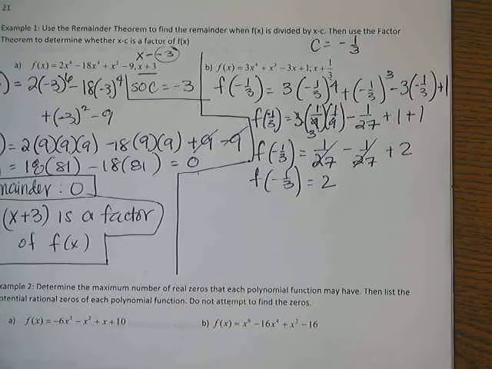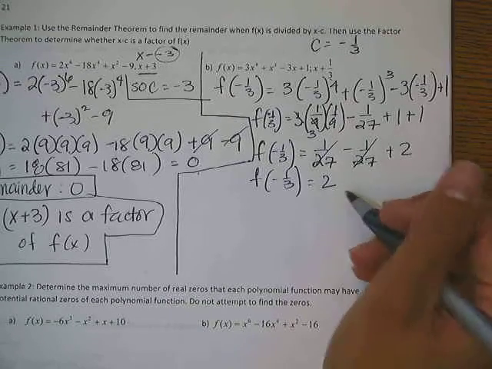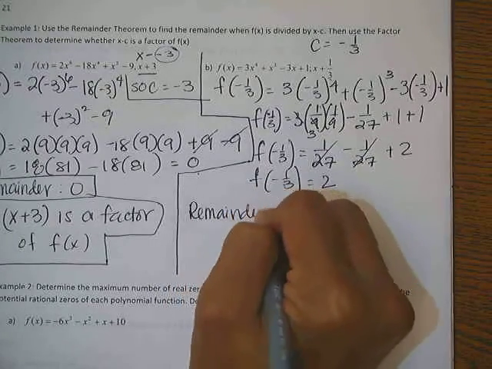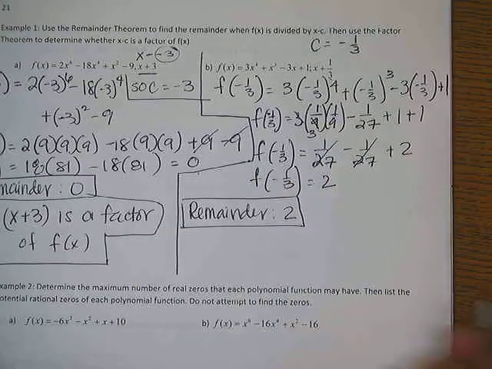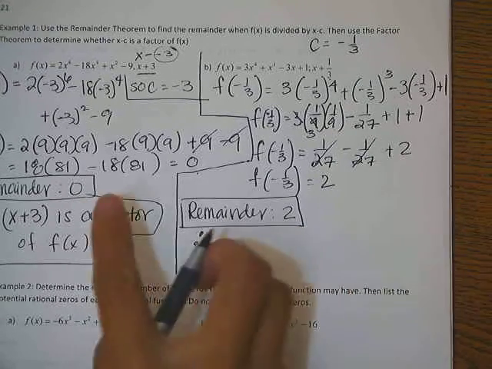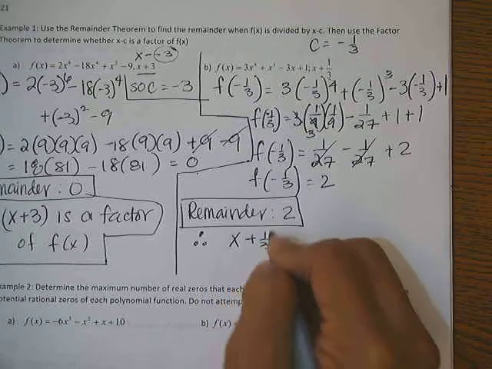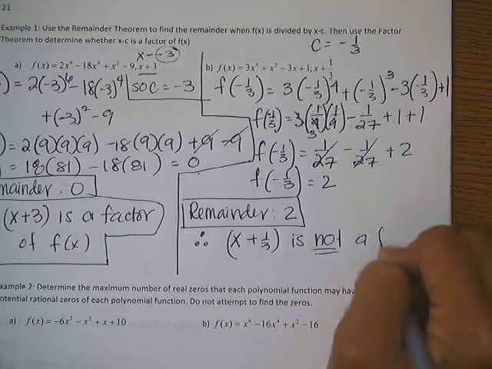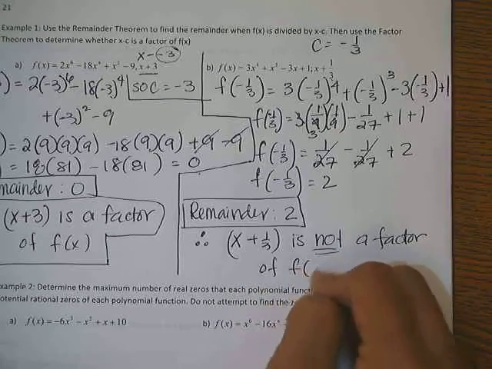Look at that, no calculator, way to go, right? So look at this, my remainder is 2. Okay. As a result, because the remainder is not 0, x plus 1/3 is not a factor of f of x.